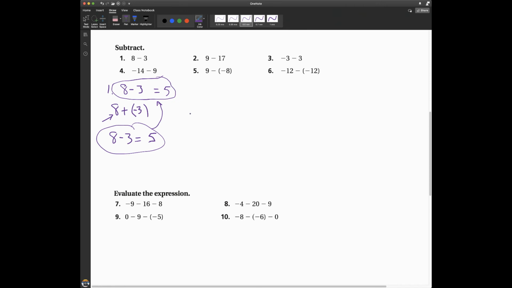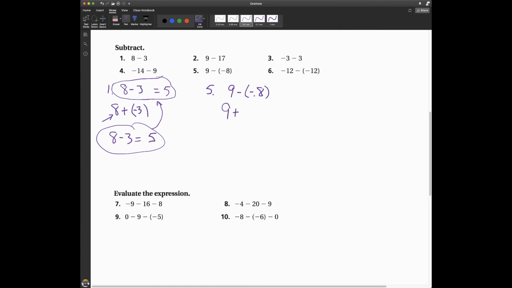All right, so let's look at another problem here. Actually, I'm going to look at number 5. I changed my mind. So 9 minus negative 8. How do we solve this problem? Well, let me change this into an addition problem. I write the first number down. I change the subtraction sign into an addition sign.